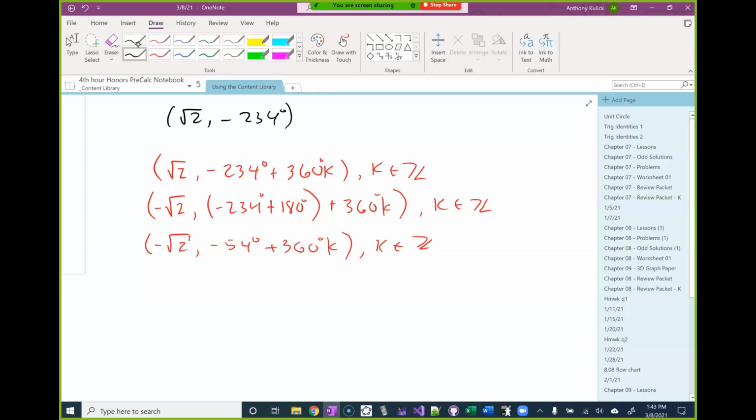Okay, so what if we want to convert between our rectangular coordinates and polar coordinates? That would be something that potentially could be helpful for us.